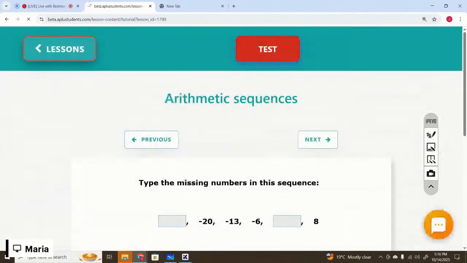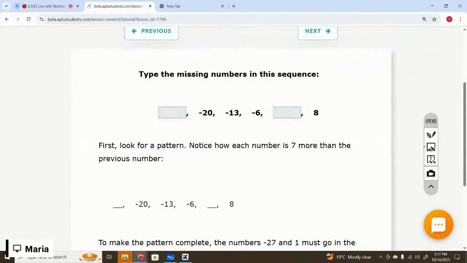Arithmetic sequences. Type the missing number in the sequence.